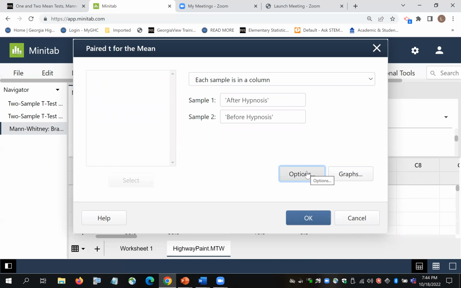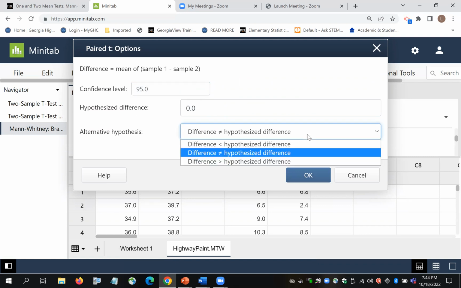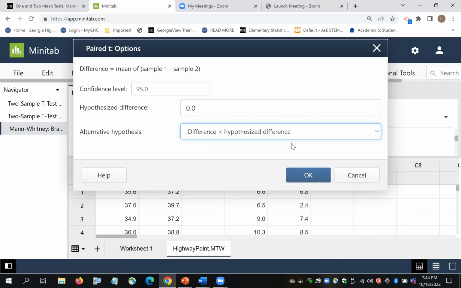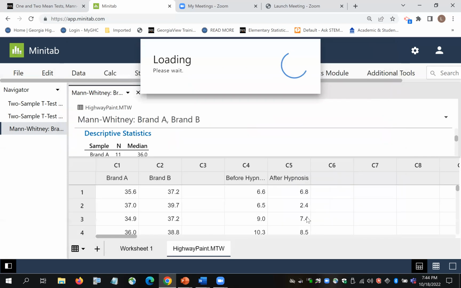Sample 1 is after, sample 2 is before. We're using a 95% confidence level. My hypothesized difference always defaults to 0, and we are asking if it is less than. I click OK, and I click OK again.